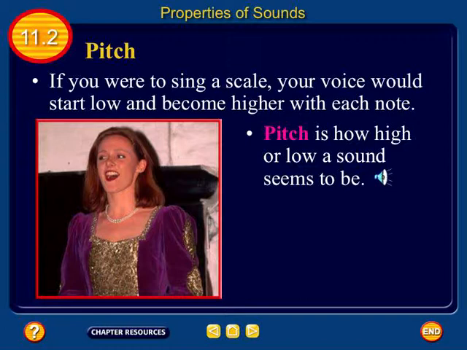When I actually ask you to put it into words, the only thing I can think of is pitch. They just sound different to me. One sounds squirrelier and one sounds burlier.